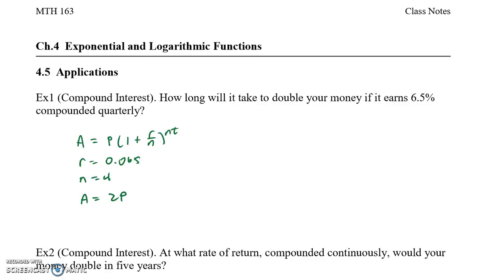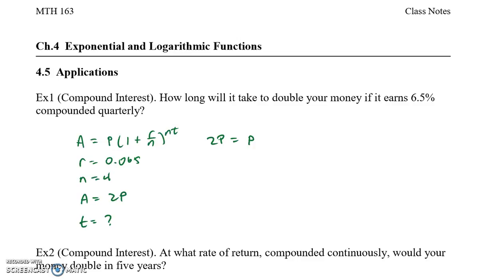So the question here is how long. So we're solving for t. Let's plug in what we're given here. A is going to be replaced with 2 times P. And then we have P on the right, so we're not specifying any particular principal or investment here.